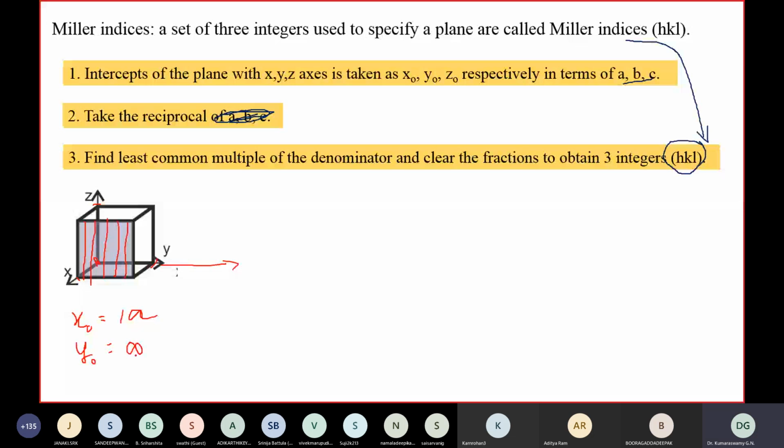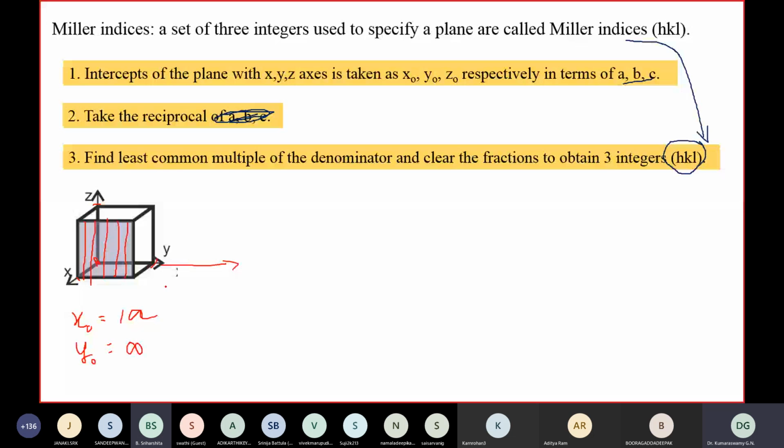We can't say it never intercepts; we would say it intercepts at infinity. That is, it is parallel to y. Whenever something is parallel, we always say it meets at infinity.